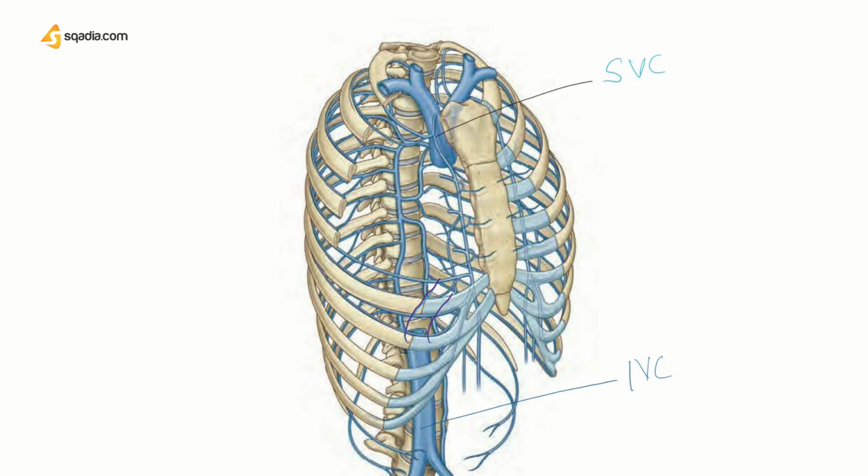This one right over here that you can see, let me use a different color so you can see better. These veins right here. This is the azygous vein. Okay? This over here is the hemiazygous vein.